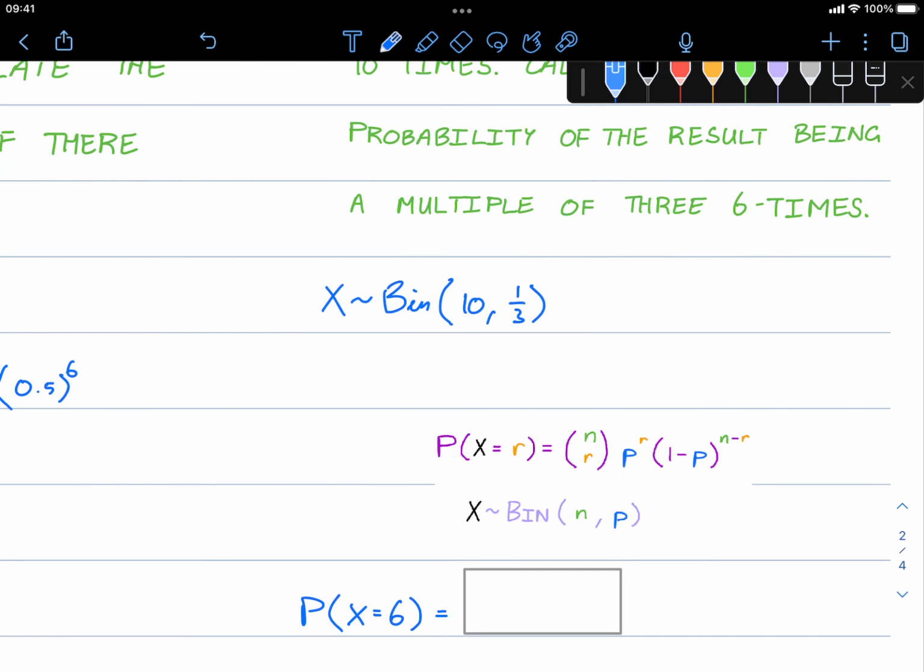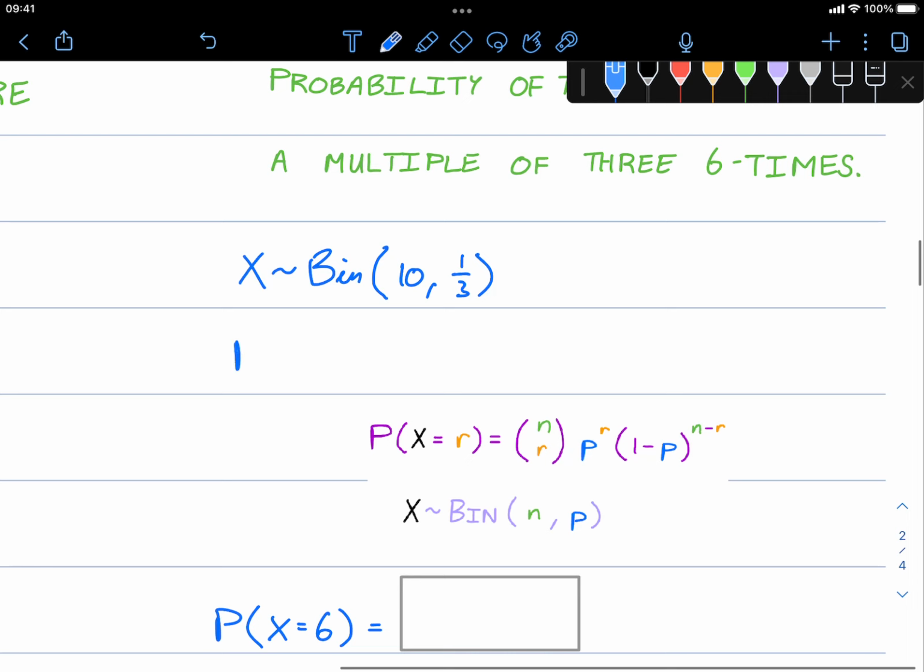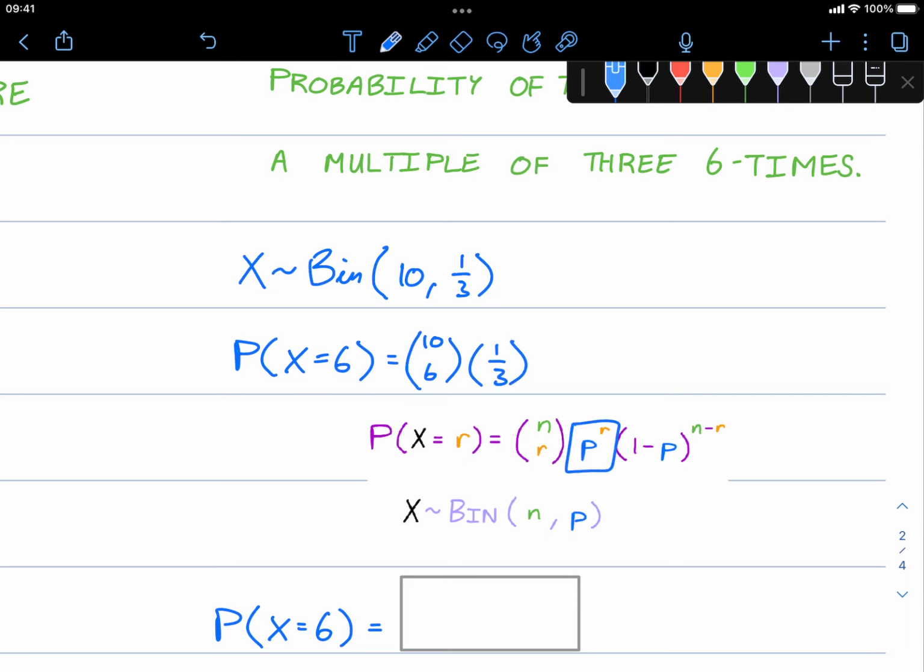Now applying our formula, P of X equals 6 successes is equal to n choose r, so 10 choose 6. The probability of success is 1/3, to the power of the number of successes.